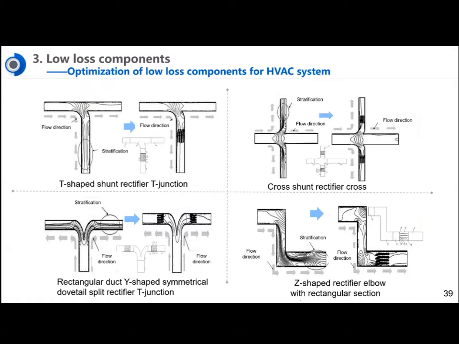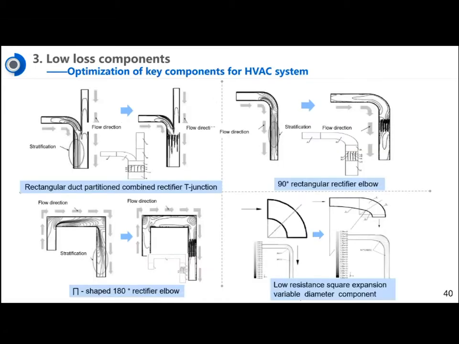Here are some presentations of low loss components, the optimized T-shaped and cross-shaped rectangular components, Y-shaped T-junction, Z-shaped rectangular section, the rectangular duct combined with the rectified T-junction, the rectangular rectified elbows, the pie-shaped 180 rectified elbows, and the low-resistance square expansion components.